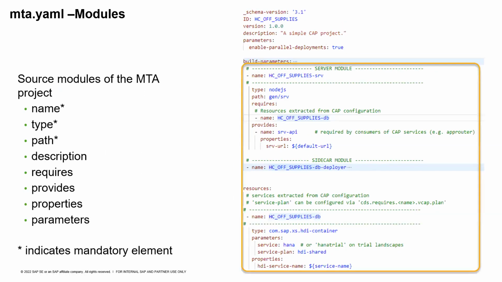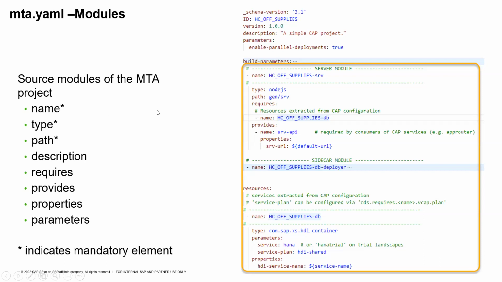Okay, so now let's look at the MTA module section. So within the MTA development descriptor, the module element basically declares the source modules of the MTA project. So it has name, which is the mandatory name of the module, unique in the descriptor file. So you can see this name, SRC office supplies SRV, so that's the name.